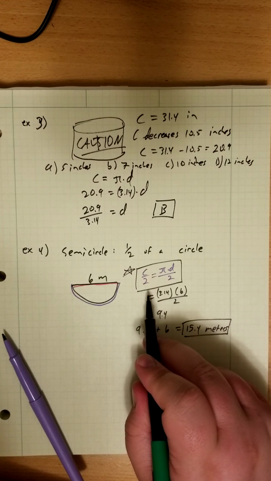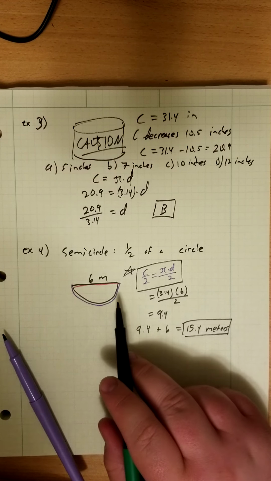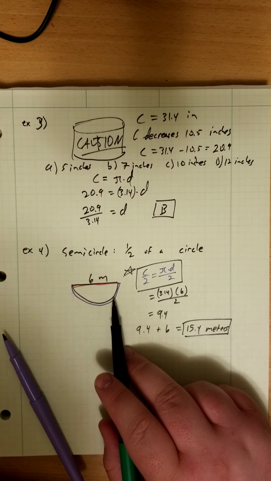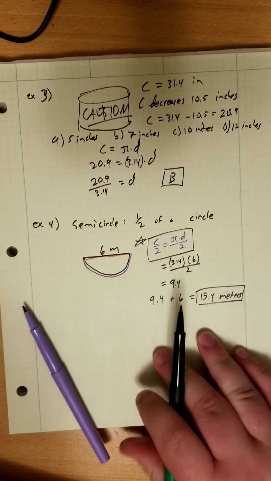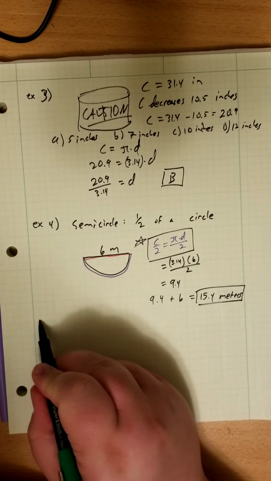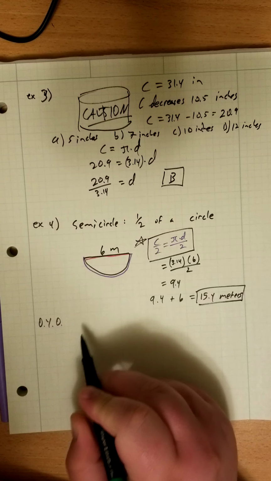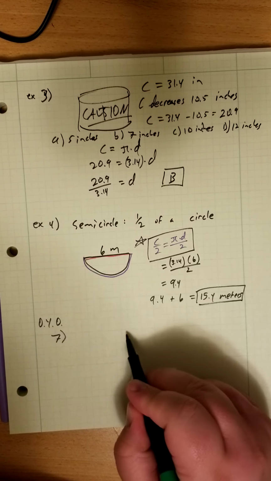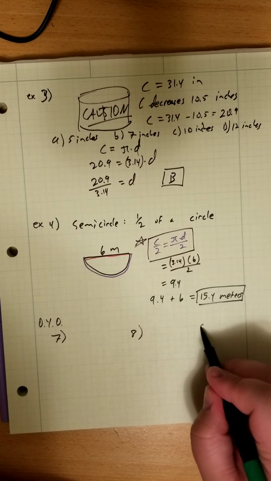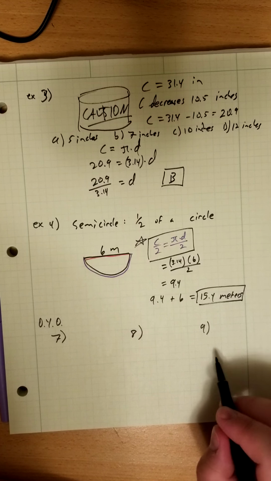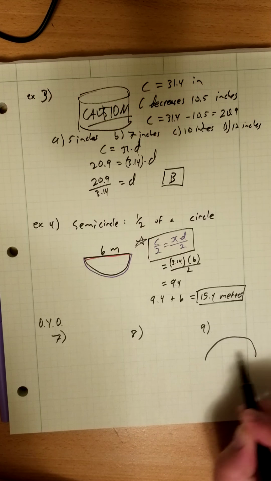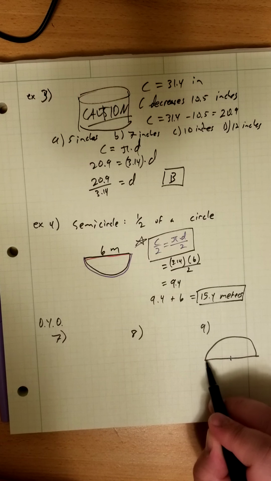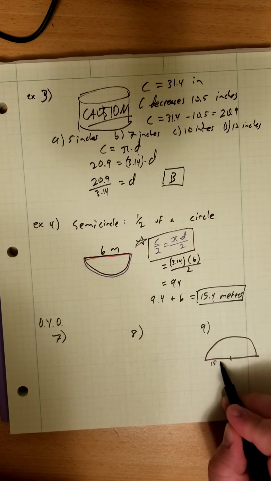If you need to rewatch this example, do it, because it's not that bad, but it looks a little complicated. Or you can just try these on your own. Try on your own 7, 8, and 9. Now 9 is tricky. It is a semicircle, but it only tells you that the distance from here to here is 15 inches.